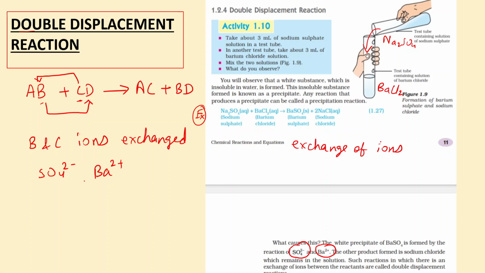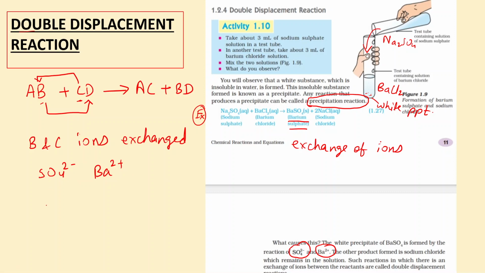These are exchanged ions. There is one more name for this reaction. It is also known as precipitation reaction. Why? A white precipitate of barium sulfate is formed. It is solid, and it settles down in the aqueous solution of sodium chloride. So this is also known as precipitation reaction.